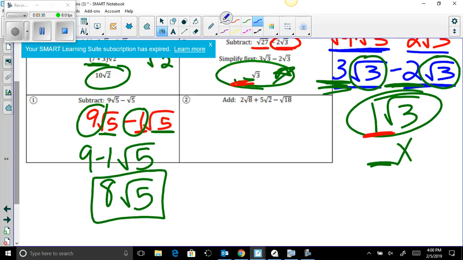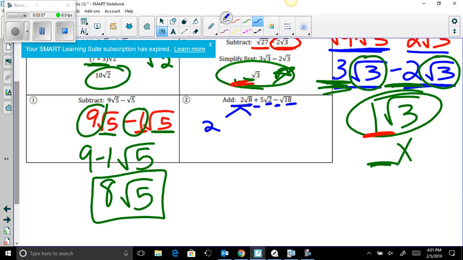This next one is asking me to add and subtract. So it's asking me to do more than one combination, which is fine, but I have to have like radicals. And clearly, I do not have like radicals here. Well, let's see if we can simplify in order to get like radicals. So let's look at 2 radical 8. Can you simplify radical 8?